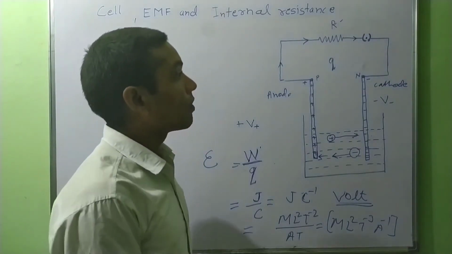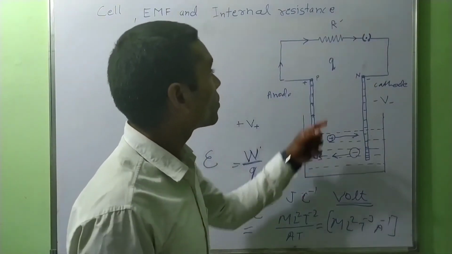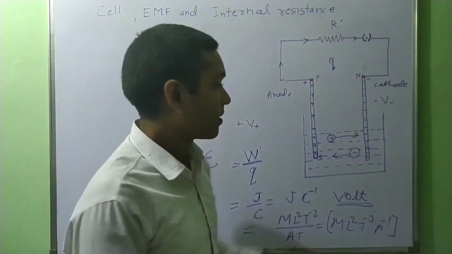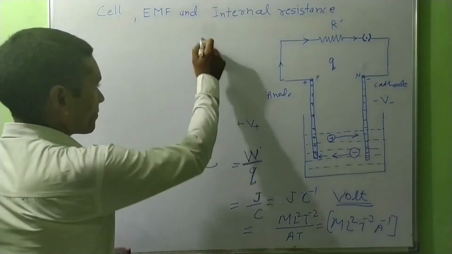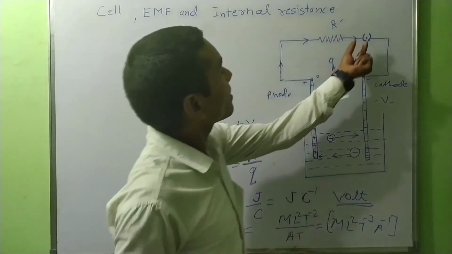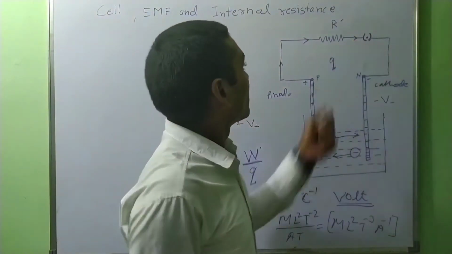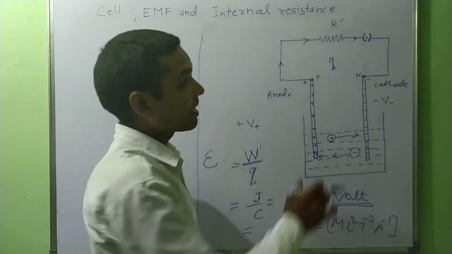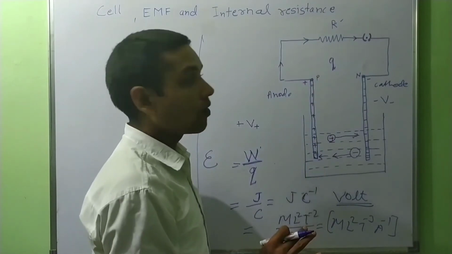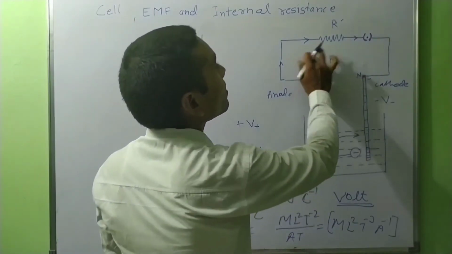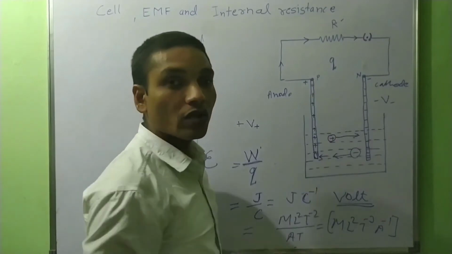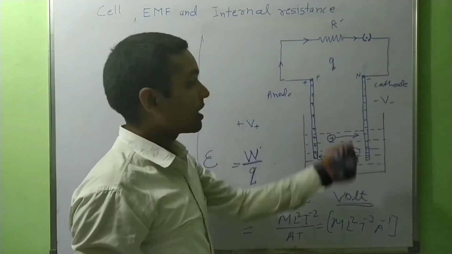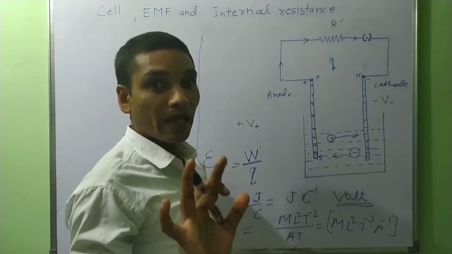Now, what is the potential difference between the two electrodes when the circuit is open? When the circuit is open, the maximum potential difference will be there, because current is not drawn through the circuit. That's why in the open circuit the potential difference between the two electrodes will be maximum.